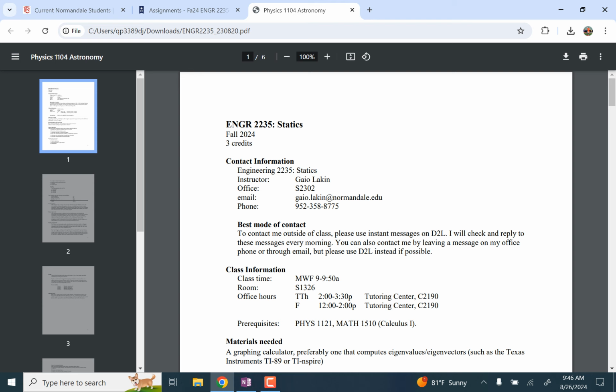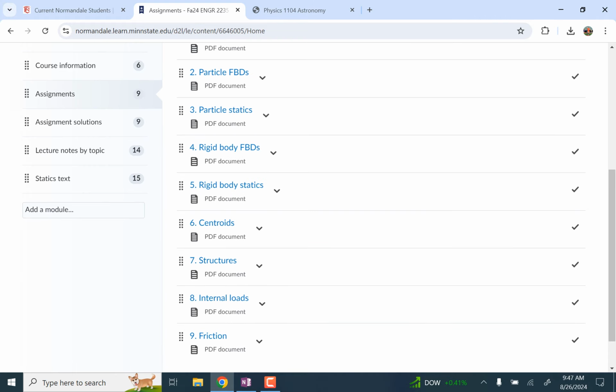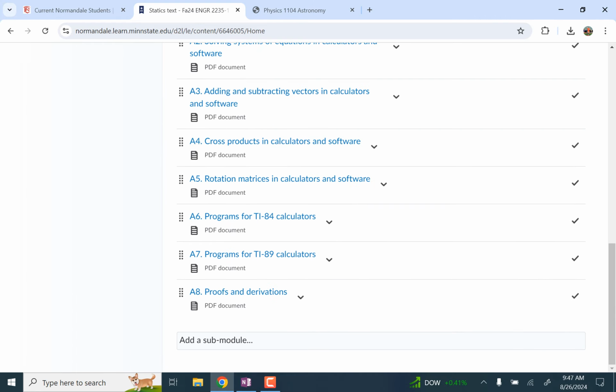So, yes? Calculators like the TI-89 or even above will be allowed on exams? Yeah, any kind of calculator you can use on an exam. You said you had programs for TI-83s and such? Yes, and those are in the statics textbook. Here's where those are. I exaggerated.